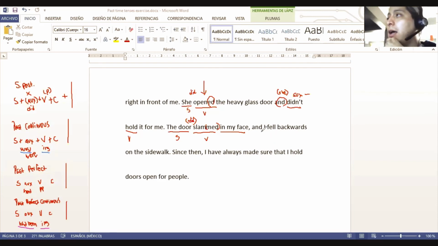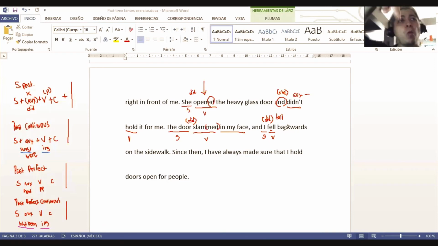And I, this person, the verb is fell, the auxiliary is did. Normally the verb will be fall, but because this is in the past and we don't have the auxiliary, we say fell. I fell backwards. Backwards means in the back direction, okay? This is front, this is to my left, this is to my right, and this is to my back. Your back is the direction opposite to your face. When you do something backwards, it means that you do it in the opposite direction.